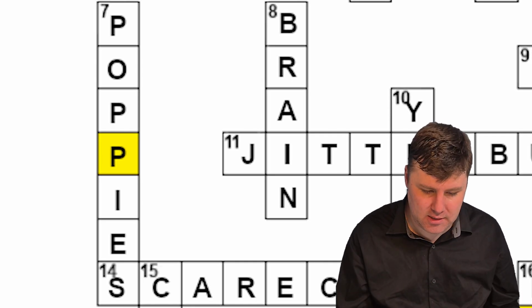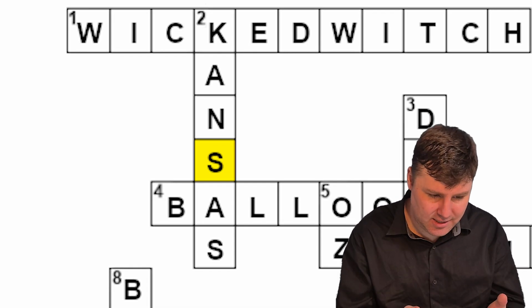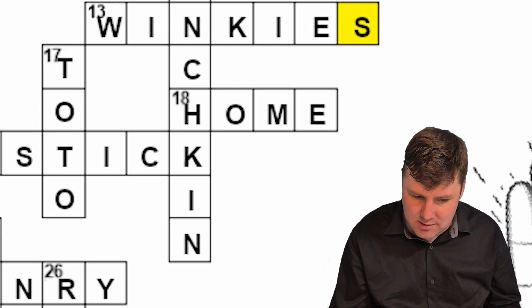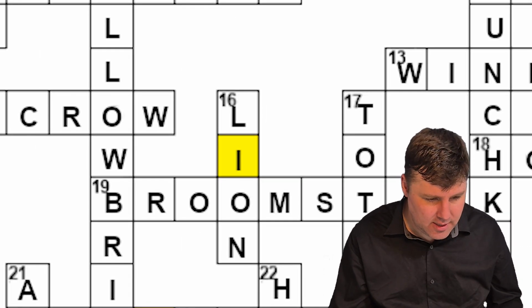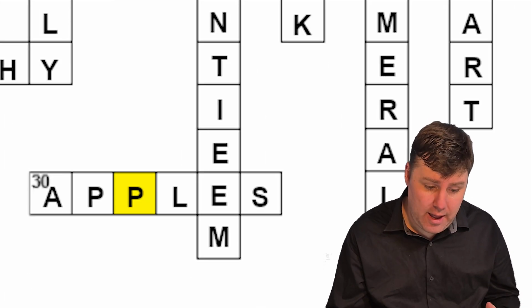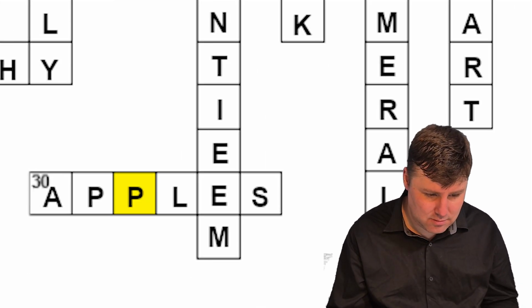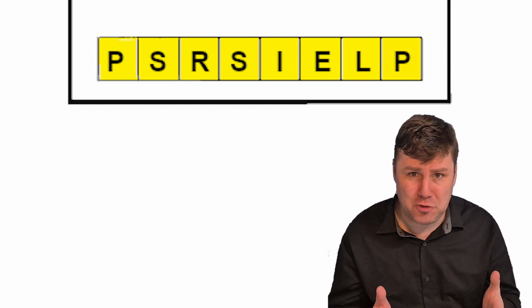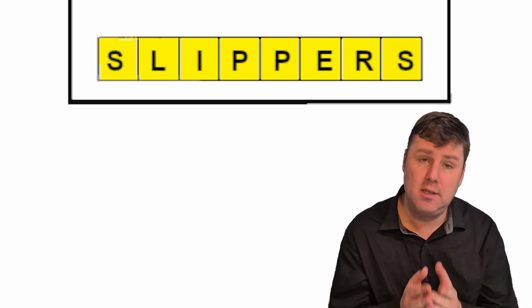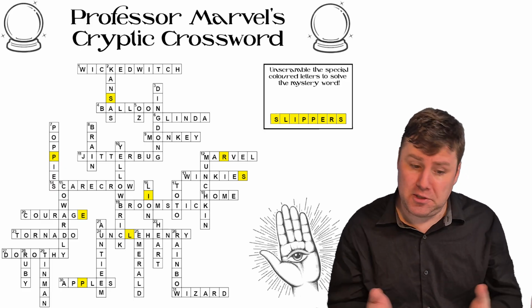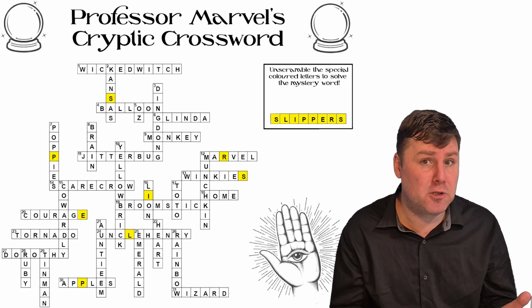P from Poppies, we've got an S from Kansas, R from Marvel, S from Winkies, I from Lion, E from Courage, L from Uncle Henry, and P from Apples. So if we unscramble those letters, we will solve our mystery word, which is of course slippers. Slippers. Yes. Congratulations, you've just completed Professor Marvel's cryptic crossword.